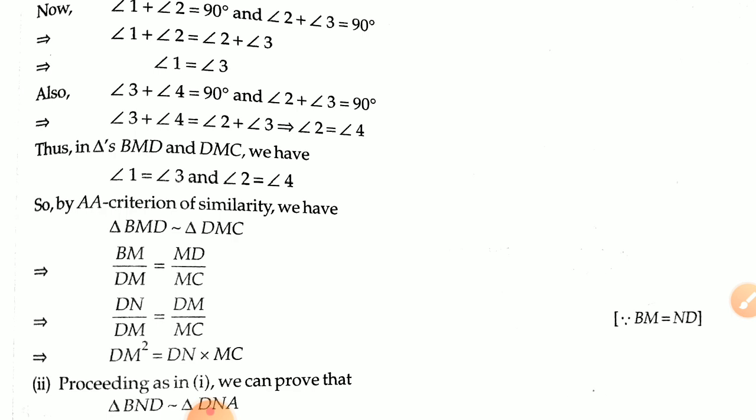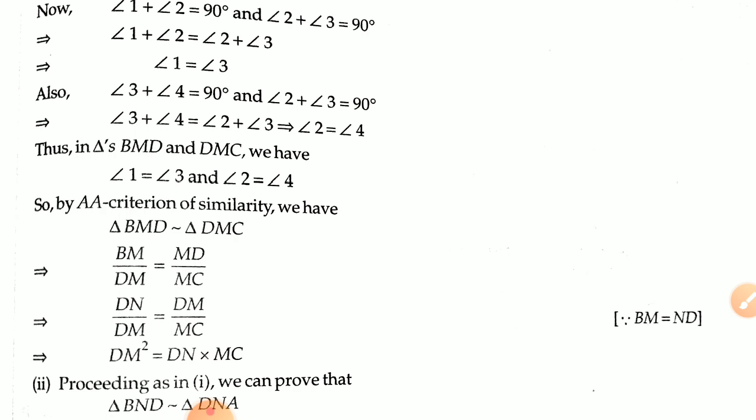Now if both the triangles are similar, then the corresponding sides must be proportional, and therefore BM upon DM is equal to MD upon MC.